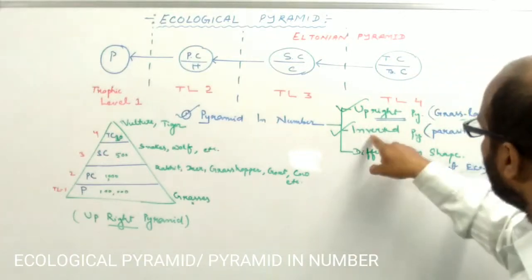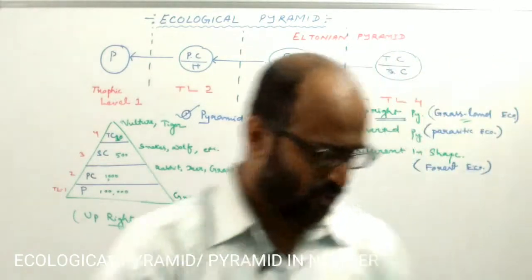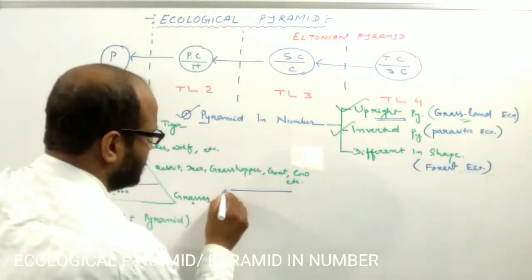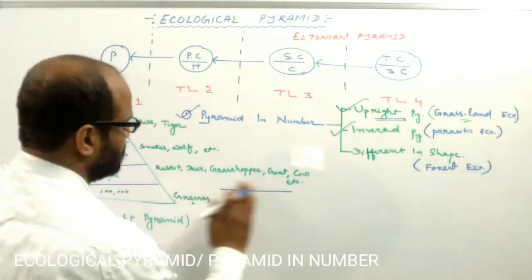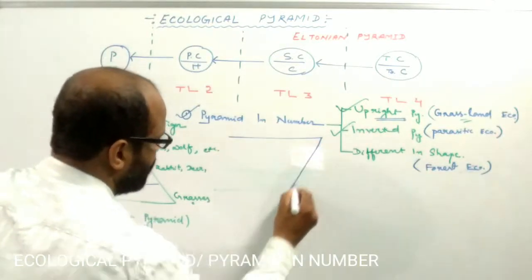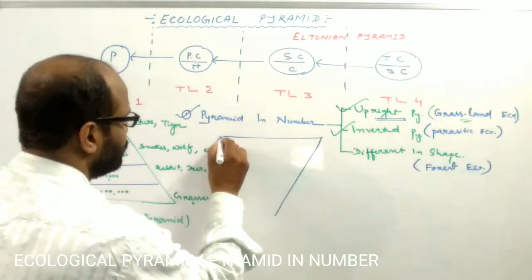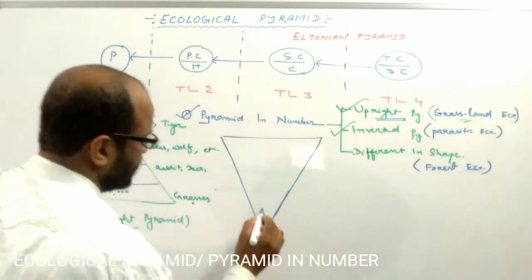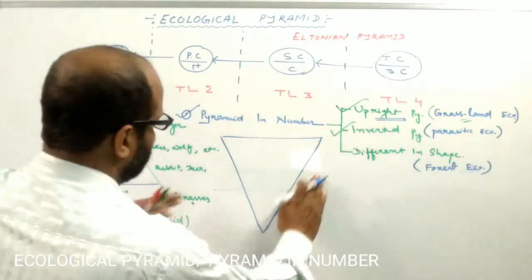But another type of pyramid is also present, where we find another type of food chain.